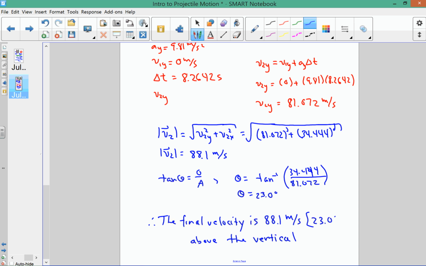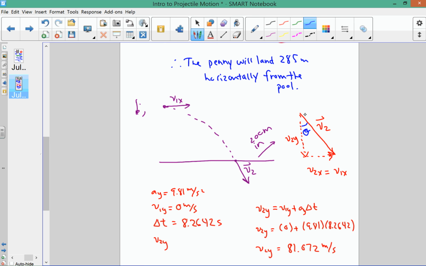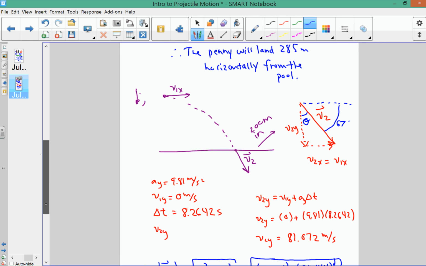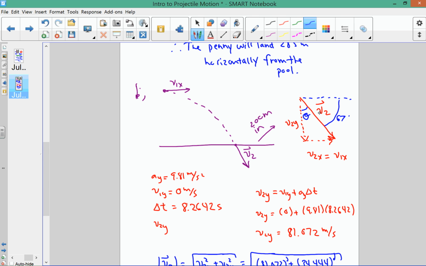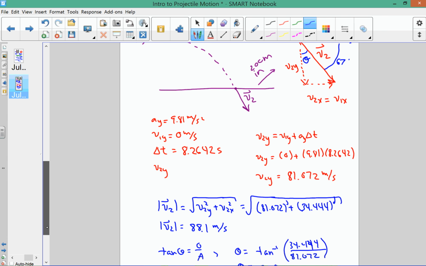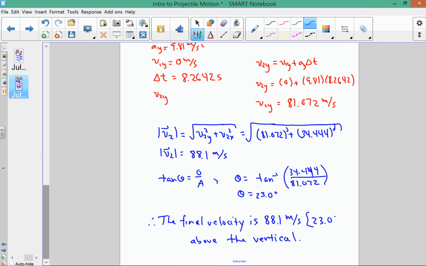Now, one other way of describing this is you could also say, since this blue line represents the horizontal and the complement of 23 degrees is 67 degrees, you could also equivalently describe this as 88.1 meters per second, 67 degrees below the horizontal. So that's just another equivalent way of describing the direction of that vector.